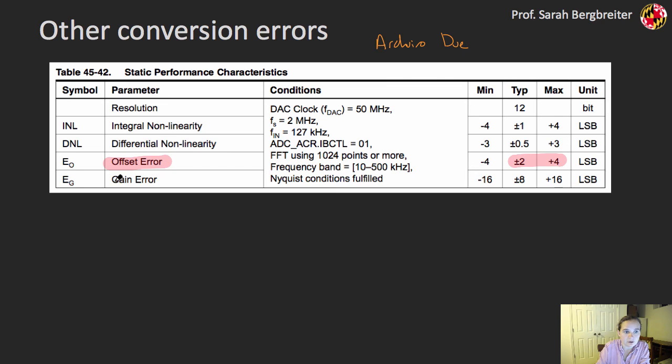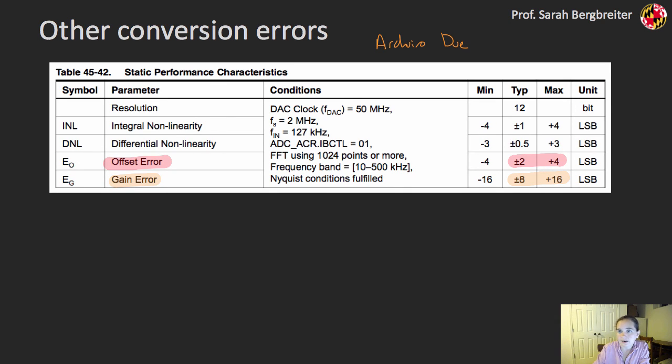The gain error that we talked about can be really high. So here I'm talking about typical plus or minus 8 LSB and maximum plus or minus 16 LSB. So it might as well be that those final bits of this particular DAC just don't exist, for example. They're kind of the noise.